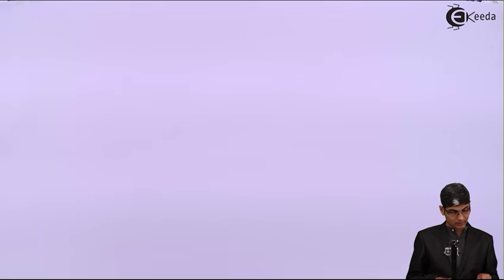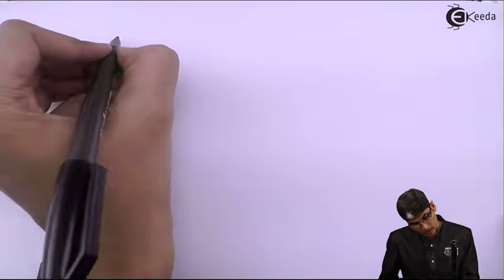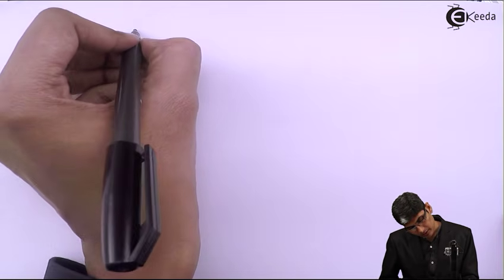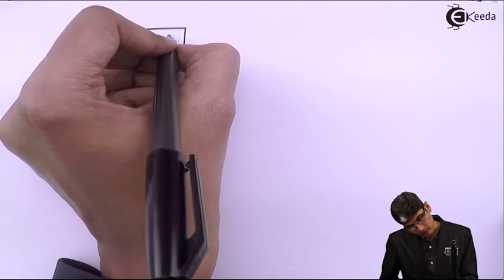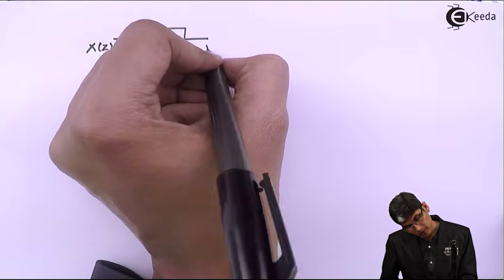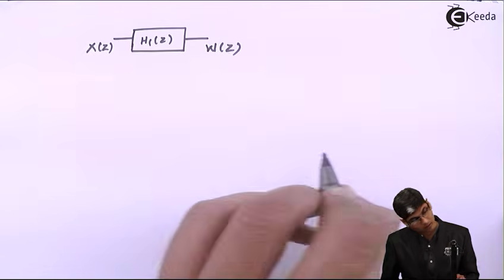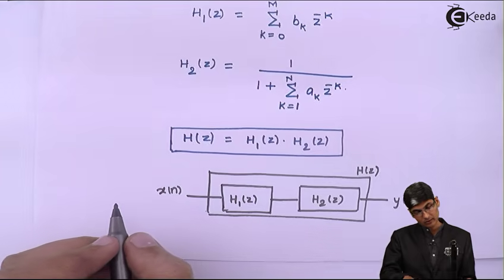What I can say is, if I wanted to now elaborate more on the numerator part, for h1 of z, my input coming is x of z and my output is something w of z. You can also write in terms of x of z and y of z.